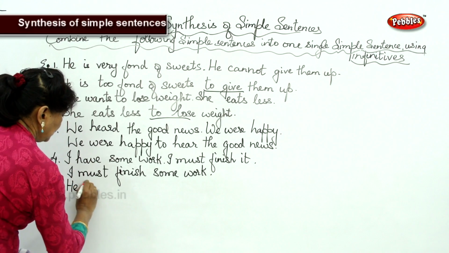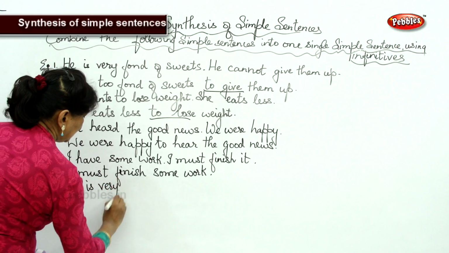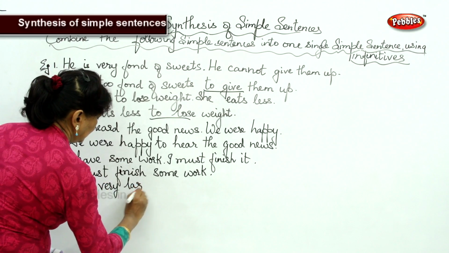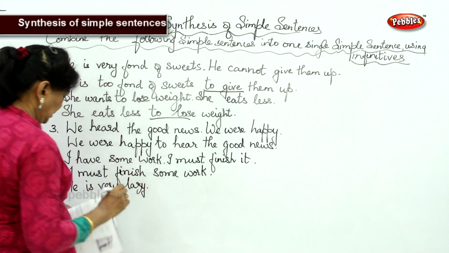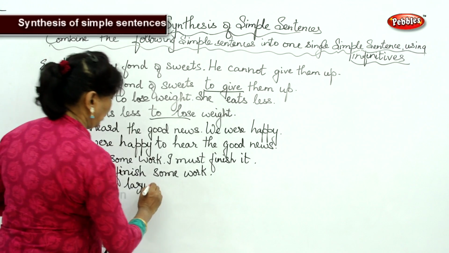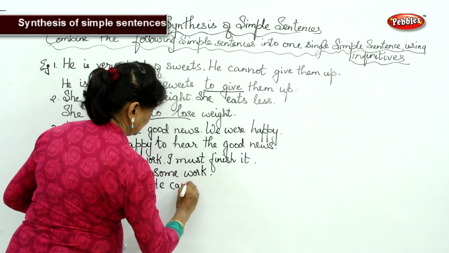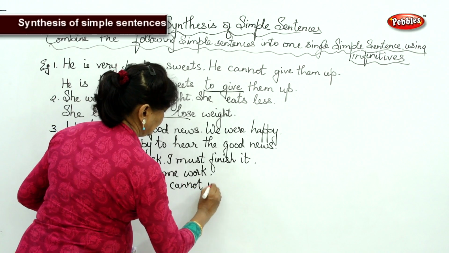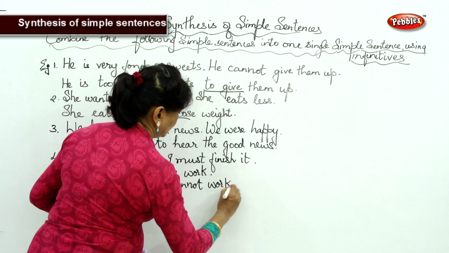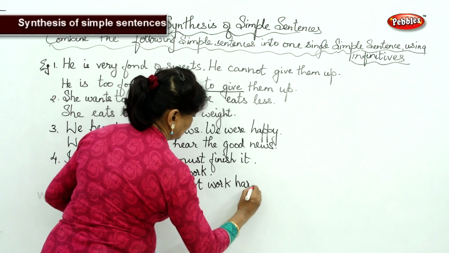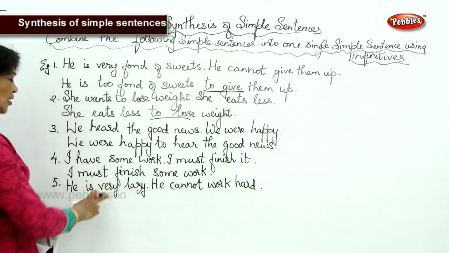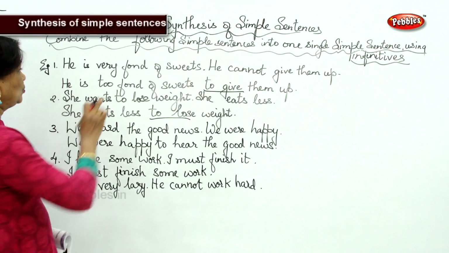He is very lazy. He cannot work hard. Now I told you when we have very, we can use TOO.